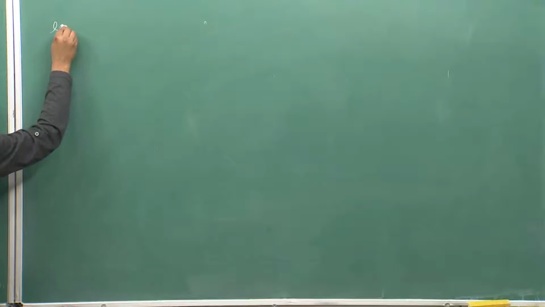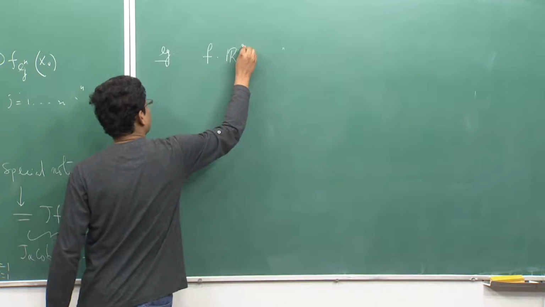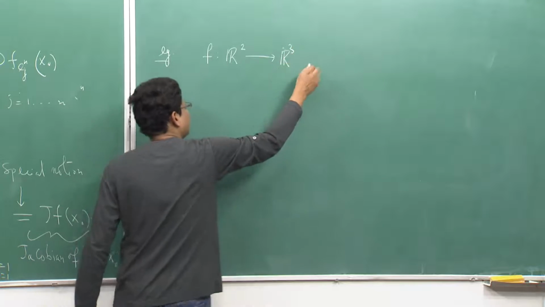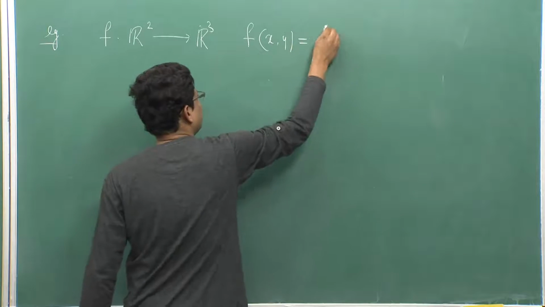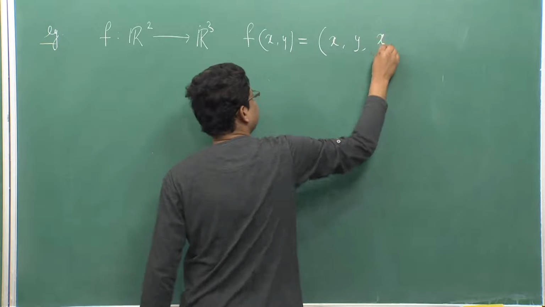Let us take a very simple example. Let us say f is from entire R^2 to R^3, and f of x, y is a function of two variables. Let us take something simple.